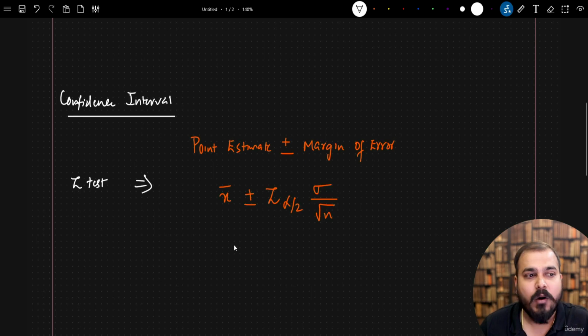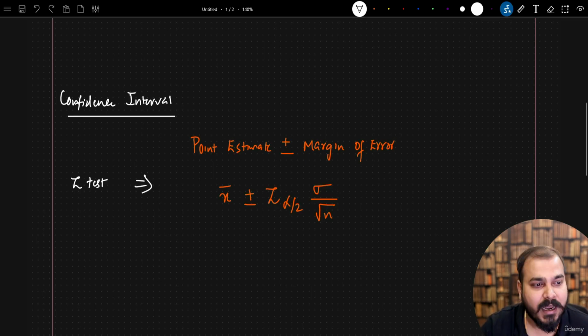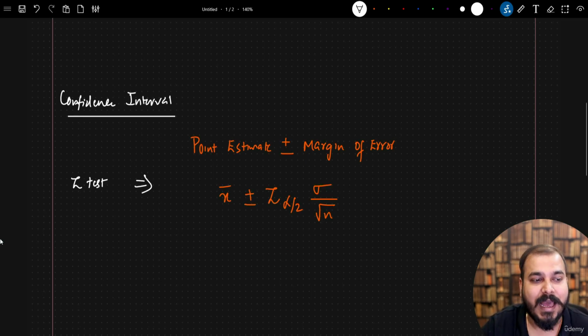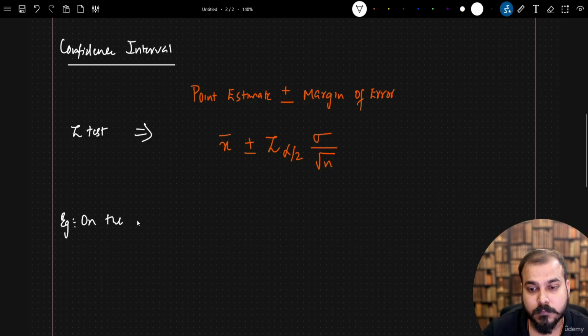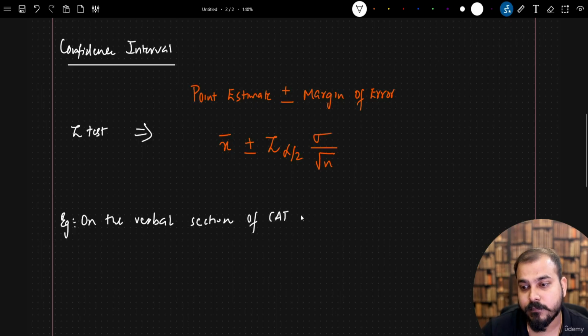Okay. Now, let me show you one example and how we can calculate it. I'll take a very simple example and we'll try to calculate the confidence interval. So the example is on the verbal section of the CAT exam.